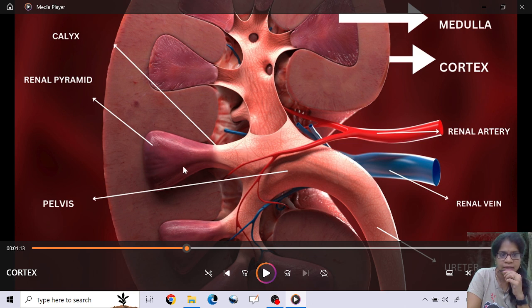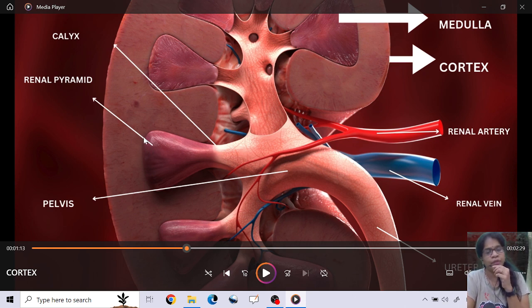Each calyx has a renal pyramid. This is the location where your nephrons are present. There are millions of nephrons in each kidney, please remember, because nephrons are the structural and functional unit of the kidney, as I told you earlier. This particular renal pyramid has nephrons in it, protruding out from your medulla part.